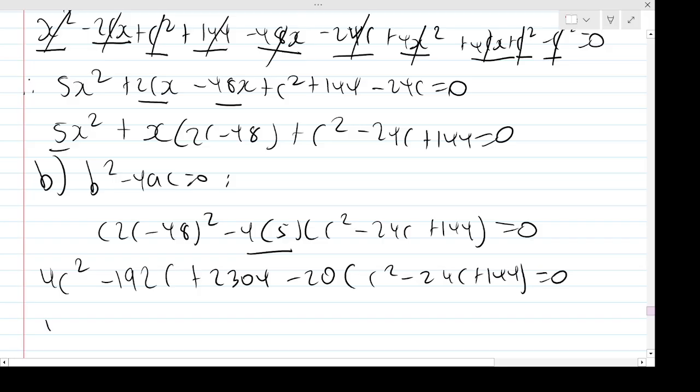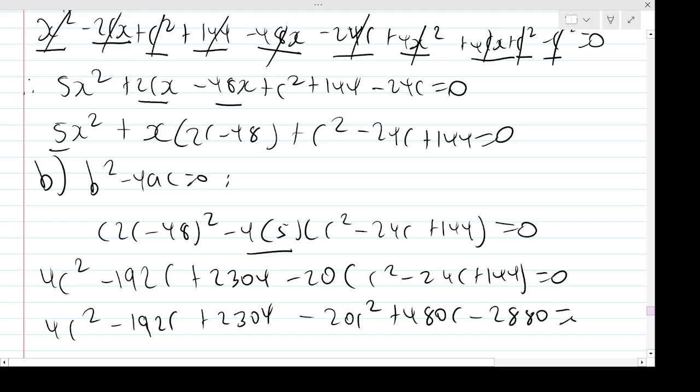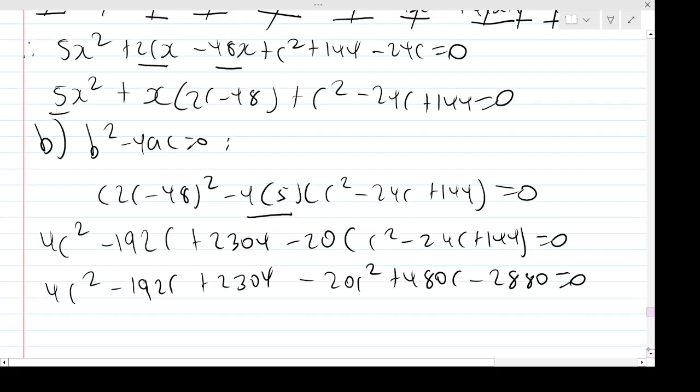Okay, then if we expand that, we get 4r squared minus 192r plus 2304, take away 20r squared, then times minus 20 by minus 24, I get plus 480r. And then minus 20 times 144, I get minus 2880 equal to 0. Then I need to collect the like terms. So 4r squared minus 20, that being minus 16r squared.